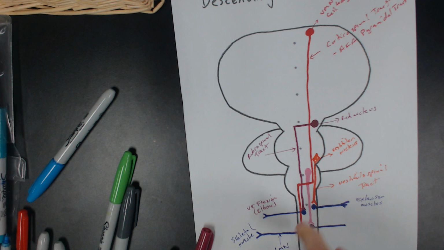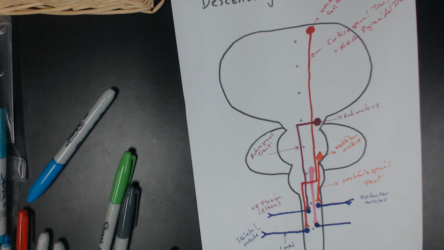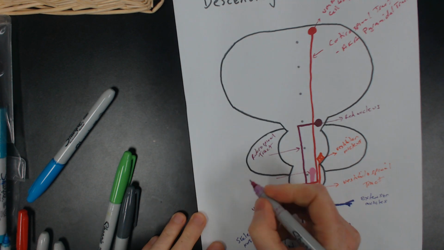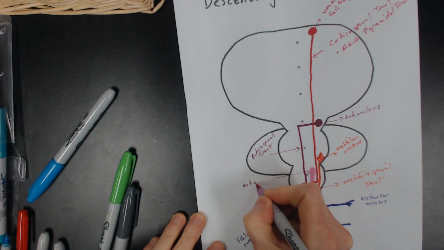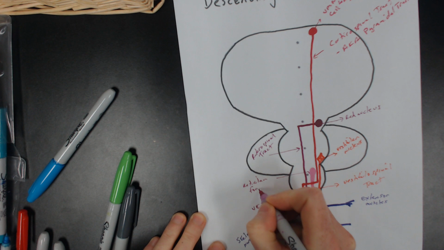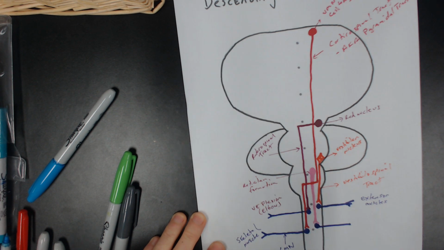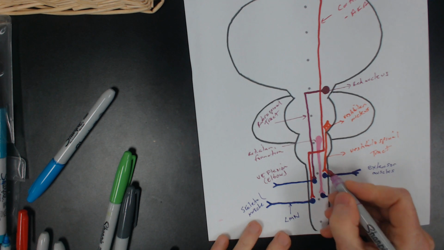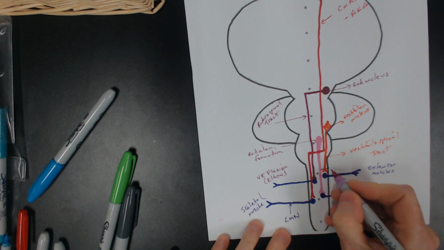Okay, this diffuse set of nuclei, does anyone remember their name? Yeah, that's the reticular formation, great. That's your reticular formation, which makes this your reticulospinal tract.